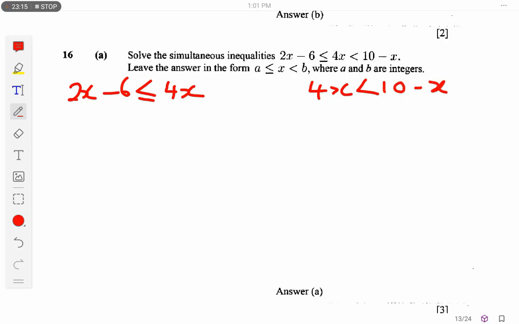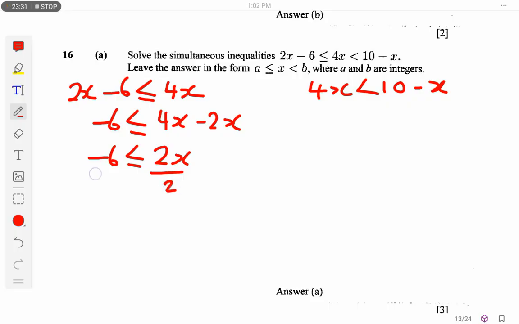For the first one, I take 2x this side and I'll have minus 6 is less or equal to 4x minus 2x. This becomes minus 6 is less or equal to 2x. I'll divide by 2 and here I get minus 3. So minus 3 is less or equal to x.